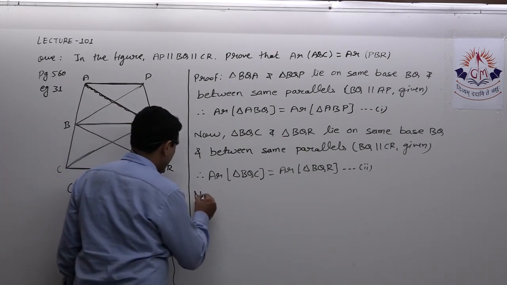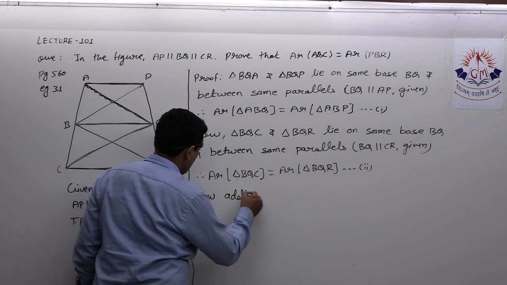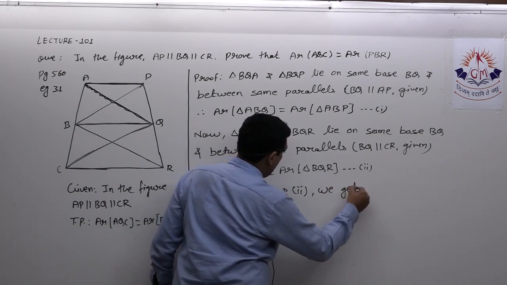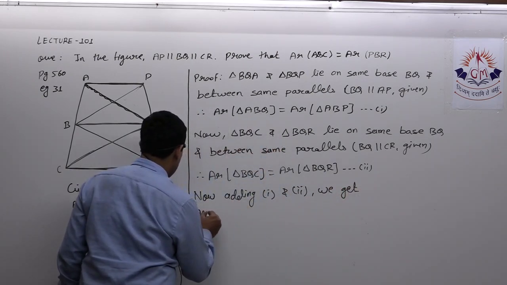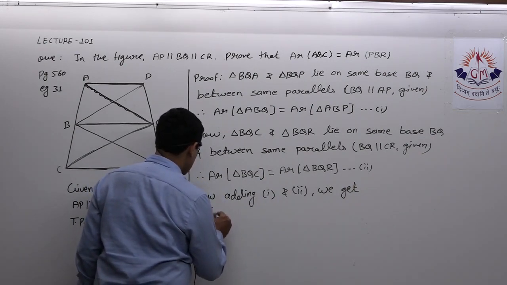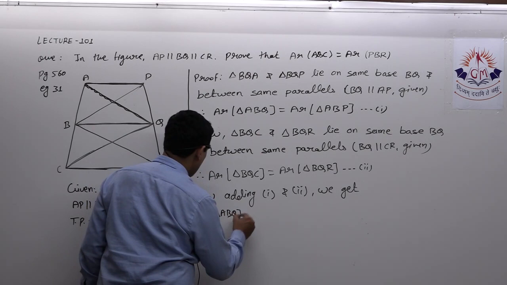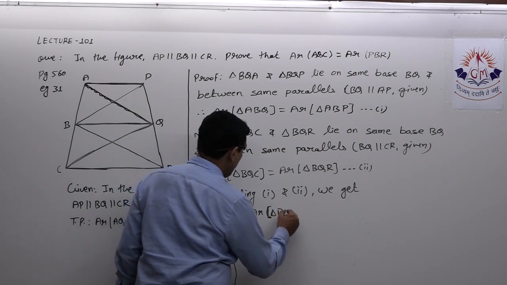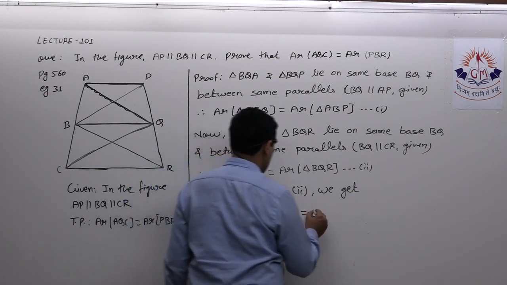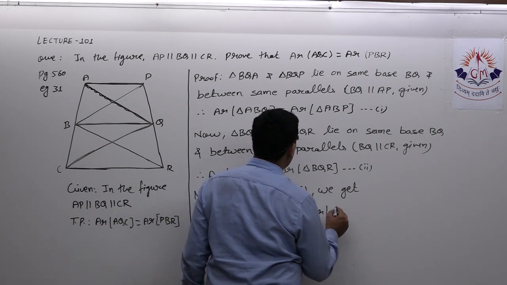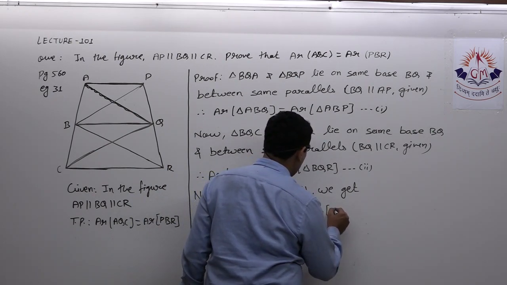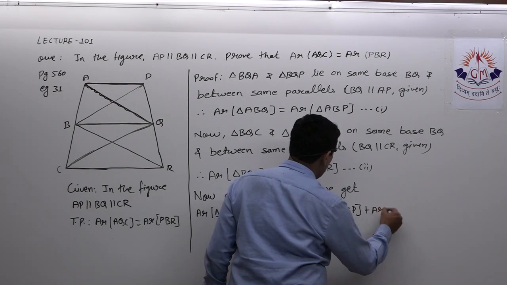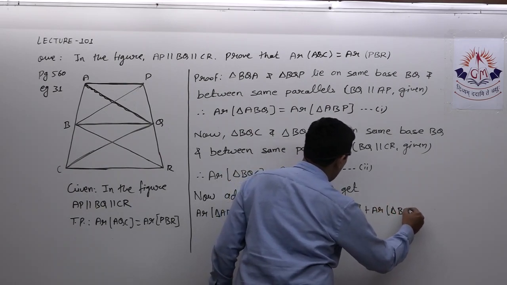So adding first and second, we get area of triangle ABQ plus area of triangle BQC is equal to area of triangle ABP plus area of triangle BQR.